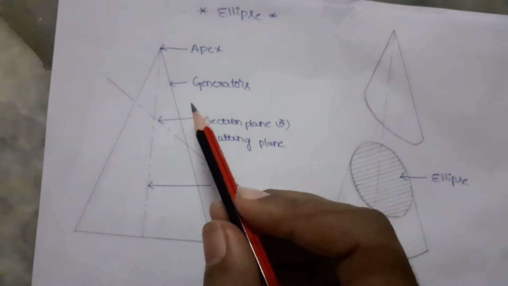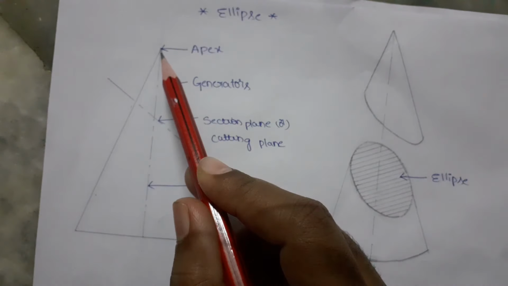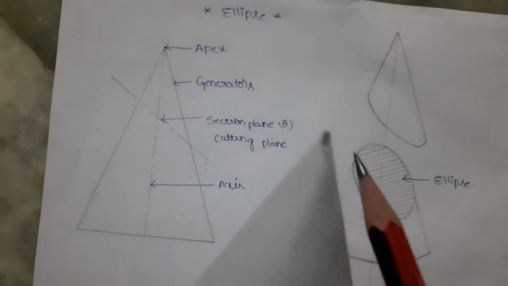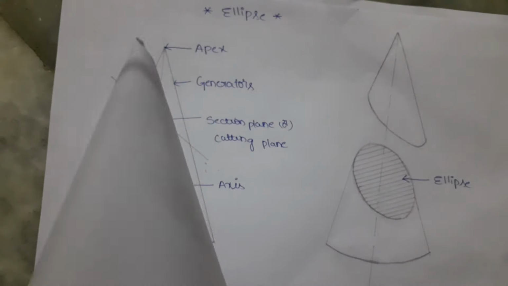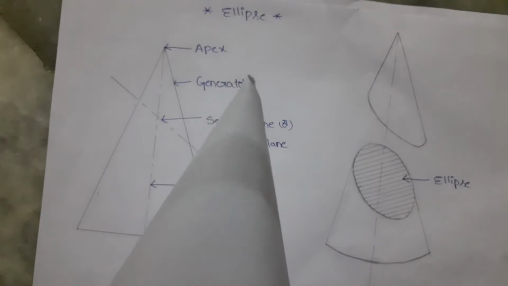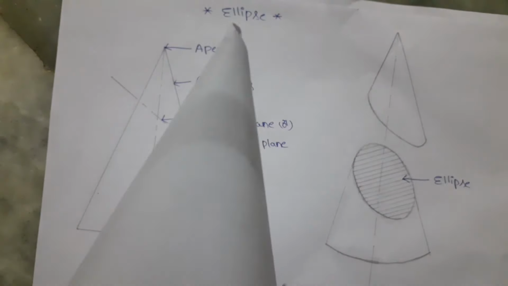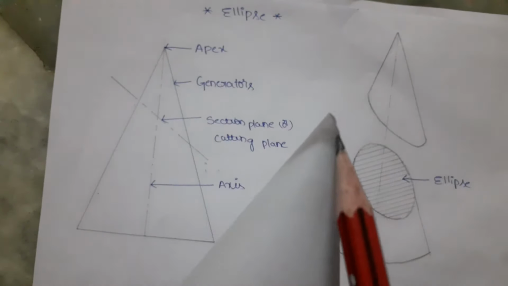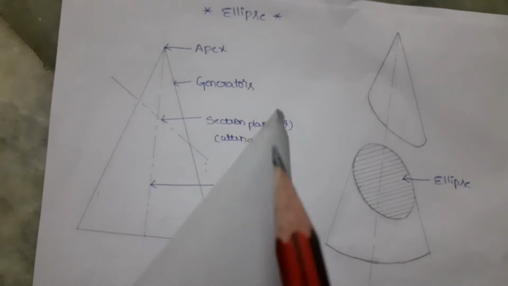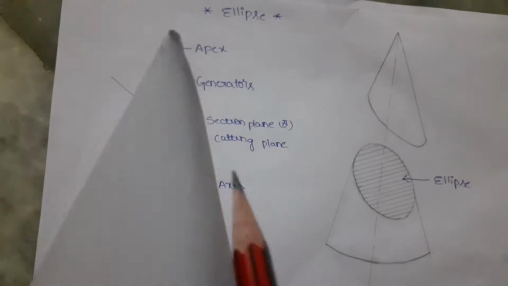The topmost part of the cone is called the apex. All the lines touching the apex are called the generators.